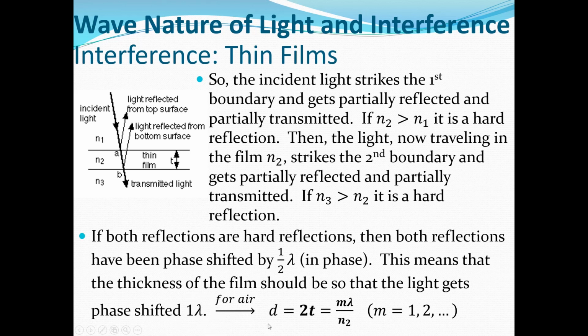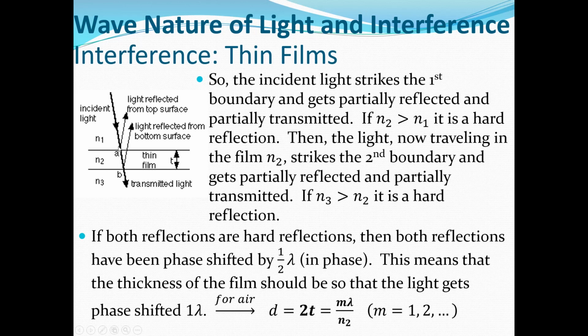So what we can actually write is this. The distance that's traveled, which is 2 times the thickness, has to be equal to m lambda, some integer number of wavelengths, divided by n2. Why is it divided by n2?